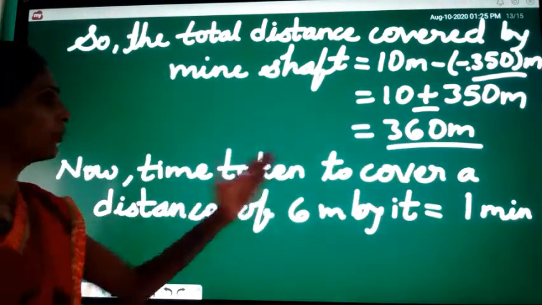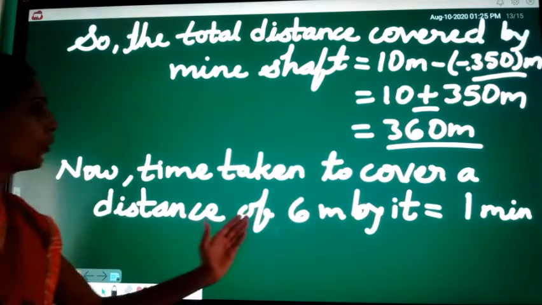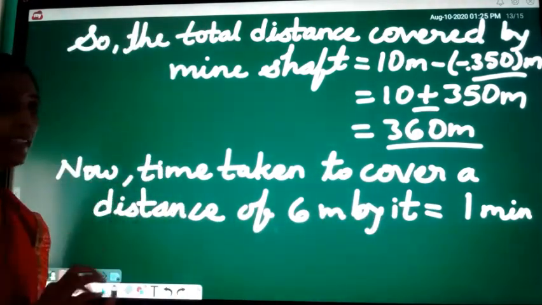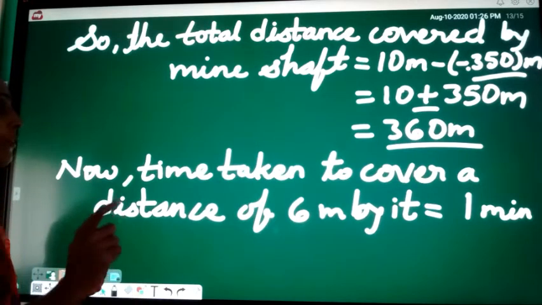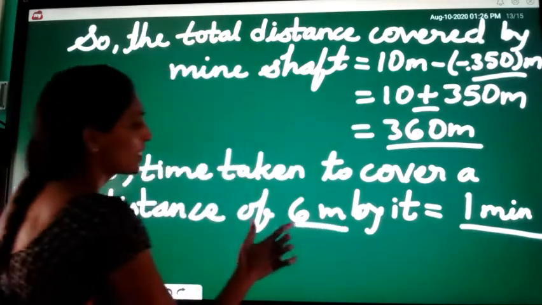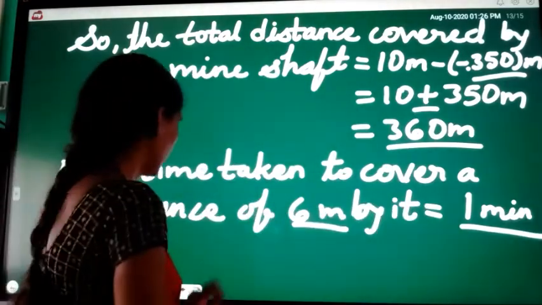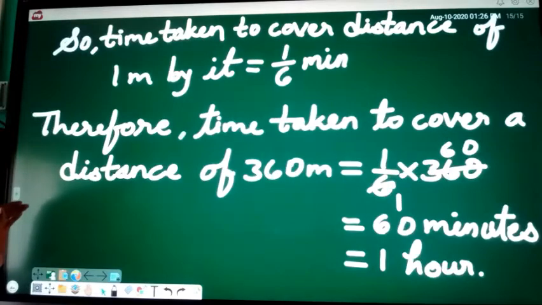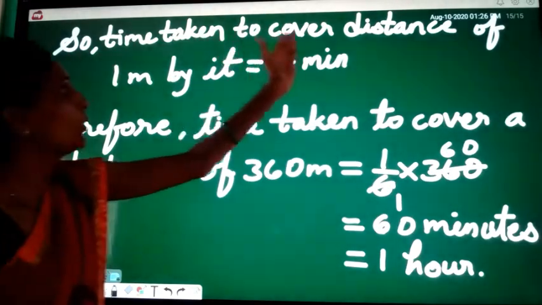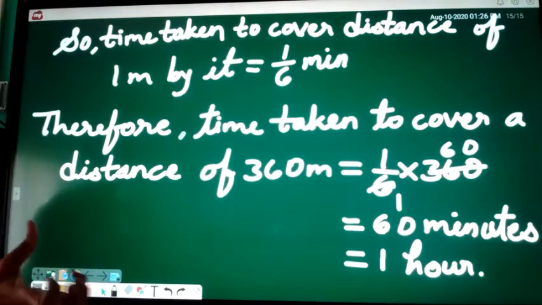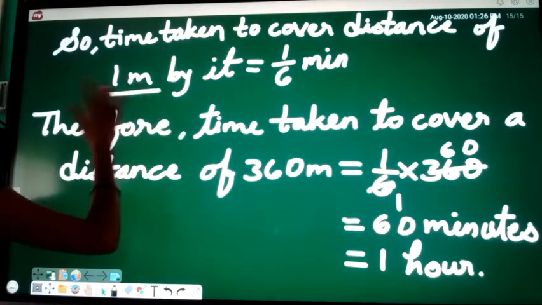Now, the time taken to cover a distance. Okay, we have to find the time here. So in 6 meters it takes 1 minute. For 6 meters it takes 1 minute. So the time taken to cover a distance of 1 meter, we need to find.